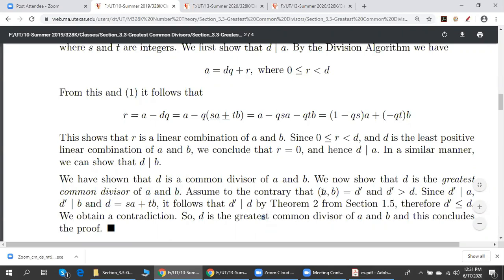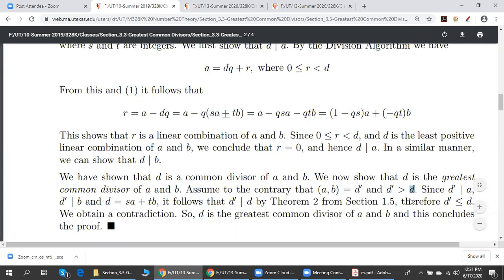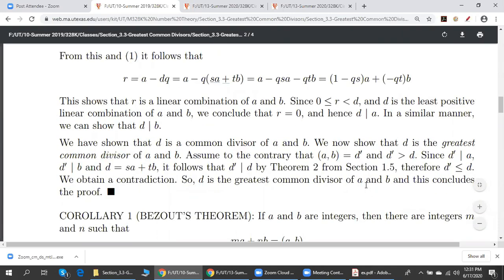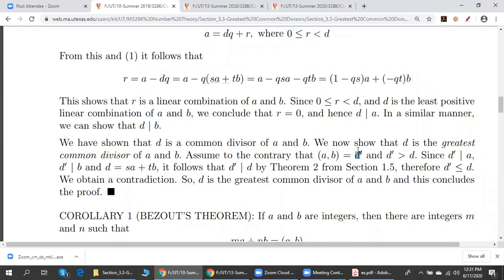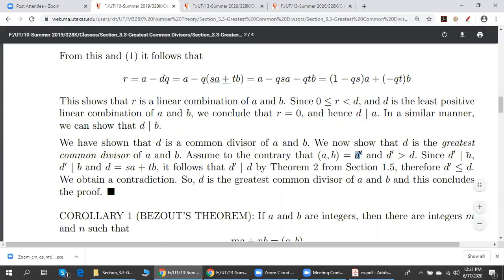Let us denote the greatest common divisor of A and B by D prime. Let us assume to the contrary that D prime is greater than D. Well, since D prime is the greatest common divisor of A and B, D prime is a divisor of A and B. Means D prime divides both A and B.